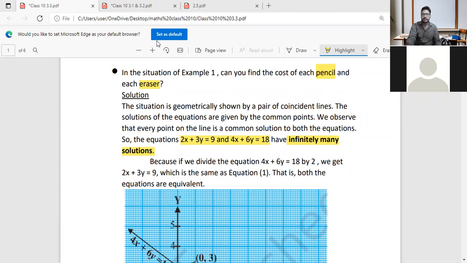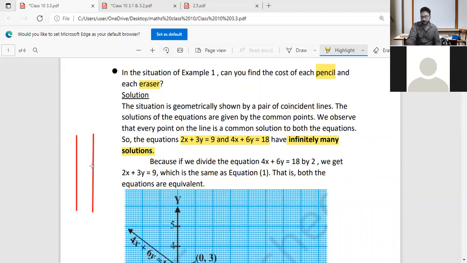I was telling that there are two equations, and corresponding to these two equations, there are two lines also. Am I clear? This much you are clear with. Next, actually, these two lines are coinciding.